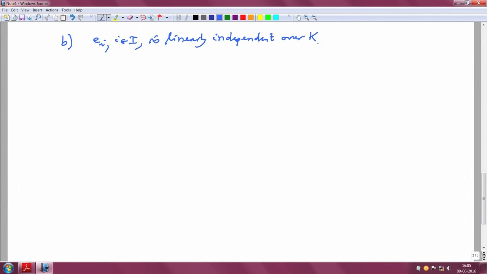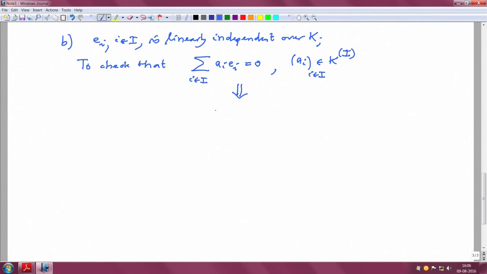That means we need to check that if a linear combination of the e_i is 0, where this tuple (a_i) is in k power (I), so it is indeed a finite linear combination, then all a_i are 0. This is what we need to check.